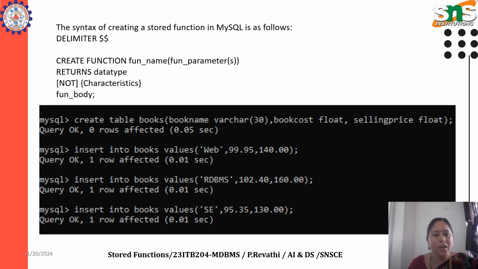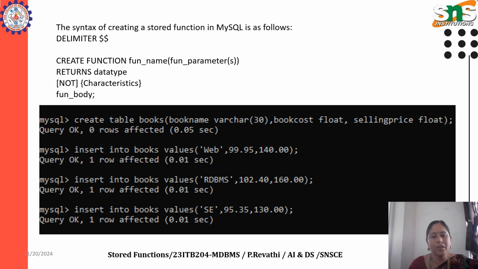We will see one example for creating a function. Before that, we need to create a table, insert the values into the table and display the values. First, we will see how to create a table. Create table, table name, then data type, size. Now we are going to create the books table.